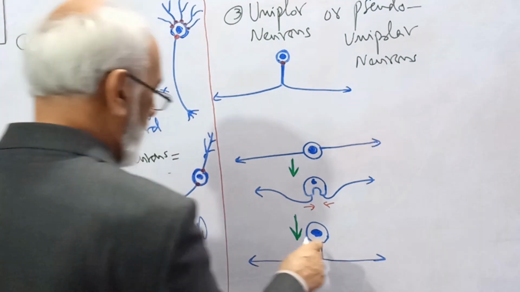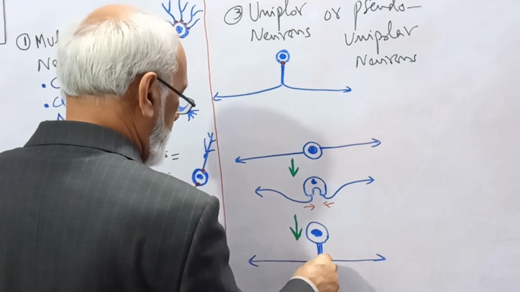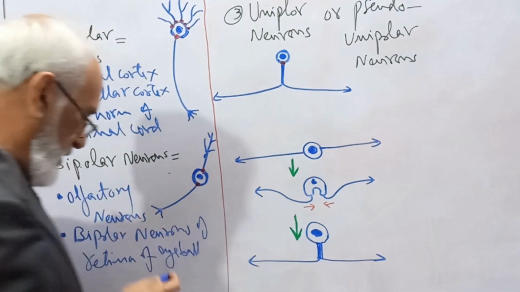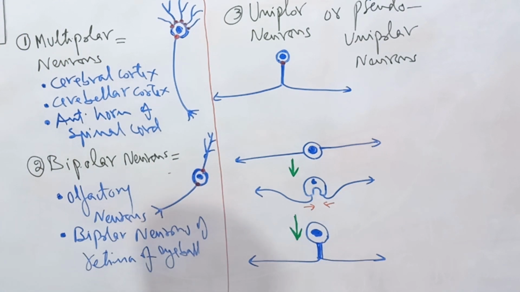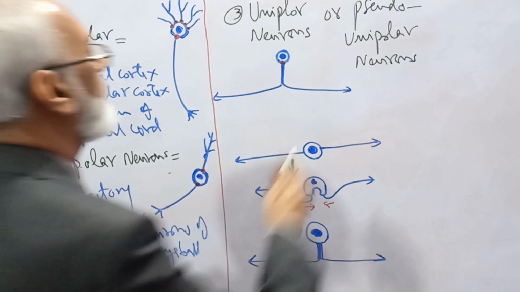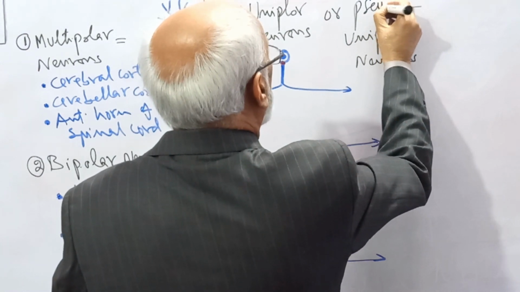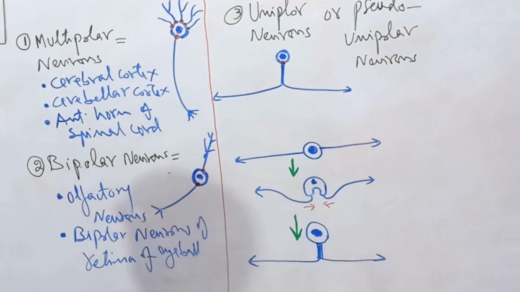In this way, when development is completed, they appear unipolar. Because actually these are bipolar, they are also known as pseudo-unipolar. Pseudo means false, not true.